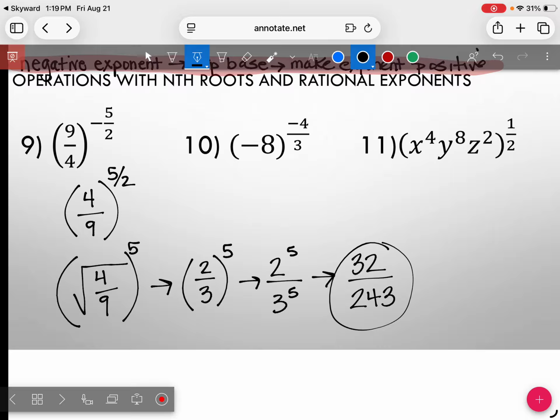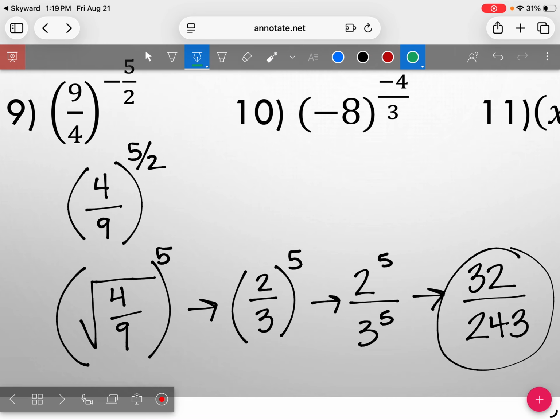All right, let's go ahead and do number 10. Yes. You square rooted 4/9 because the 5/2. Right. So because the 2 is in the denominator, that means square root.